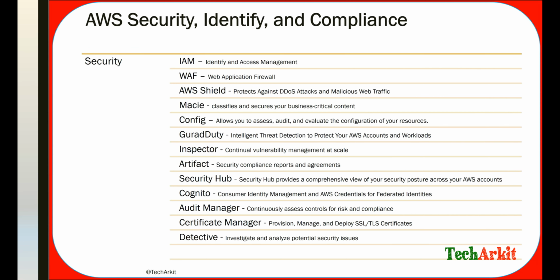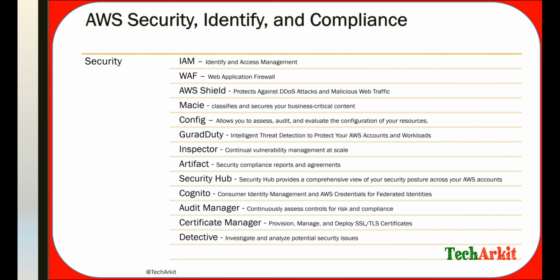AWS Config allows you to assess, audit and evaluate the configuration of your resources. GuardDuty is intelligent threat detection to protect your AWS accounts and workloads. AWS Inspector is continual vulnerability management at scale. It scans your EC2 instances and lets you know what vulnerabilities exist in your environment. Artifact provides security compliance reports and agreements.